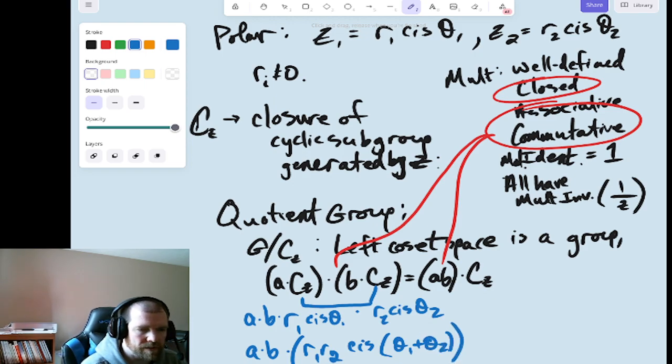And this is within the appropriate space.